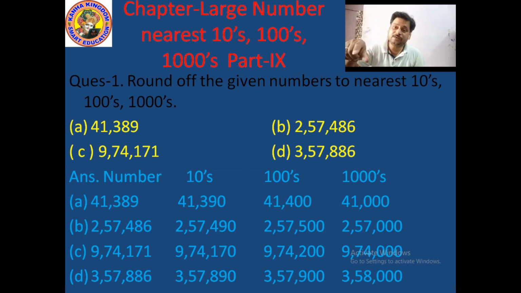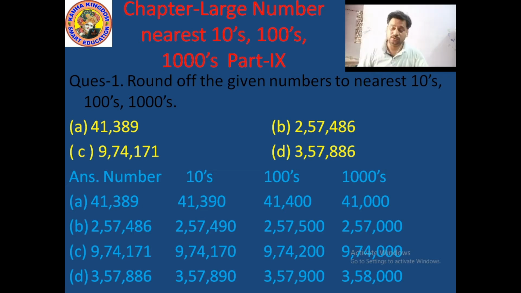If the 100 place is less than 5, you convert the 100 place, tens place and ones place into 0, and the rest of the digits in the 1000 place and 10,000 place stay the same.